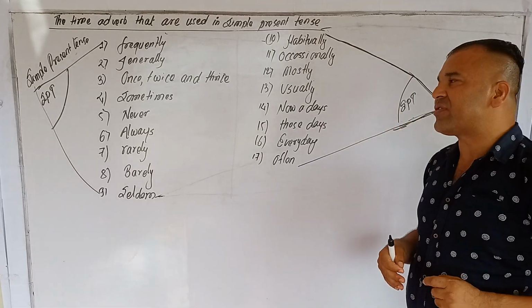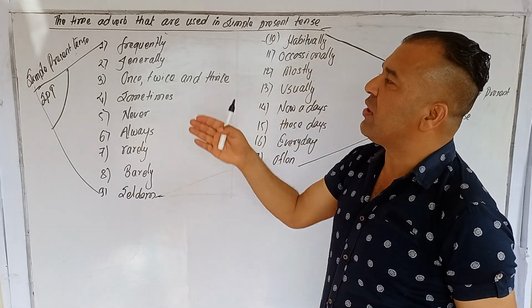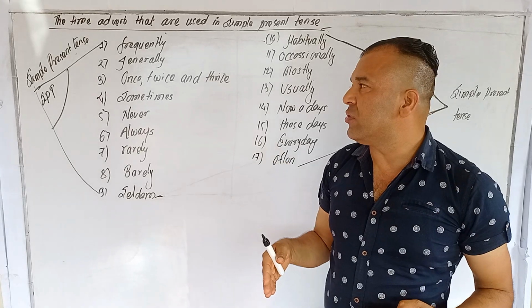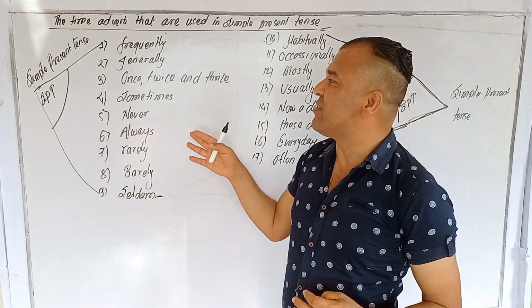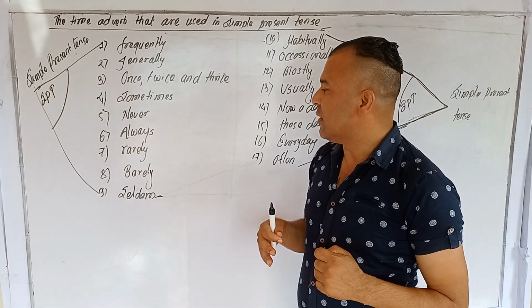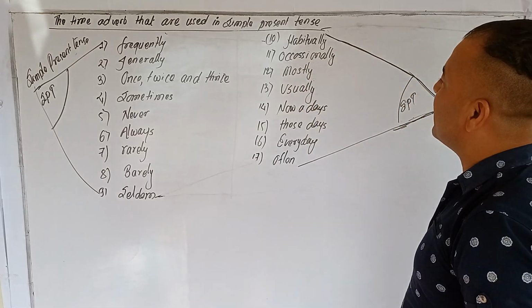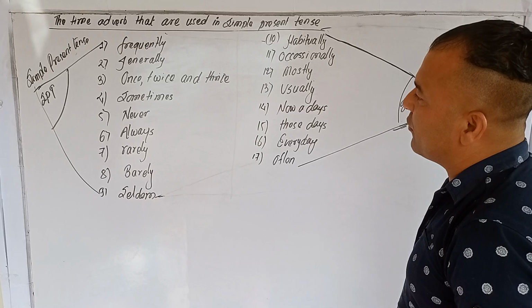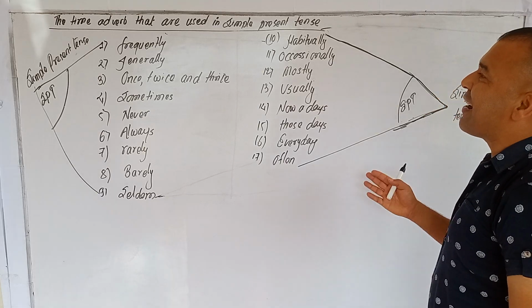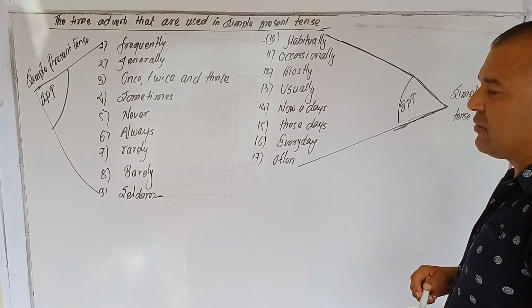Habitually, occasionally, mostly, usually, nowadays, these days, every day, often, frequently, generally, once, twice, and thrice a week, month. These are also used in simple present. Sometimes, never, always, rarely, barely, and sometime. These are the time adverbs that are used in simple present tense.